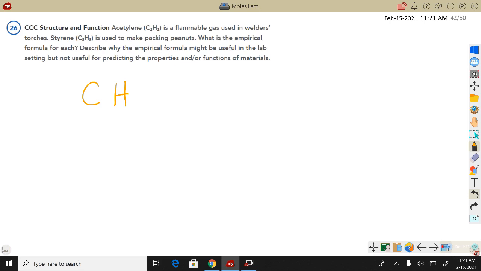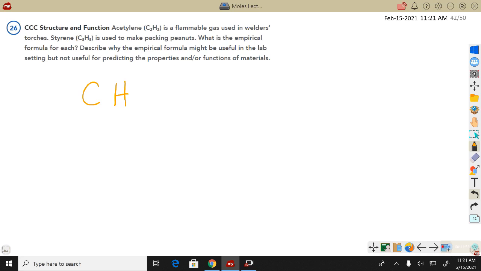Describe why the empirical formula might be useful in the lab setting, but not useful for predicting the properties or functions of a material. Well, the empirical formula is fine. It gives me the simplest ratio, the lowest ratio, but then I can assume that there could be other versions of this formula, especially when it's covalent, like these guys. These are both non-metals.